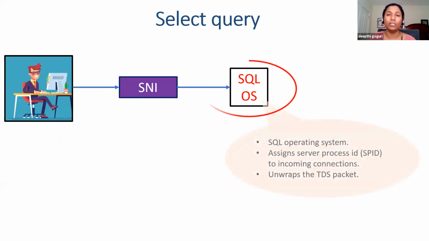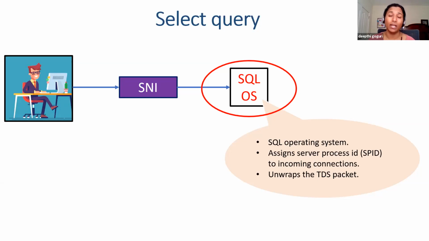So once the tabular data stream packet has reached the SQL operating system, SQL OS will first identify that incoming connection as a SQL connection, and it will assign a SPID to it. You know the SPID, right? SQL process ID. When you do sp_who2 or sp_who in your management studio, you see those SPIDs. SPID number 67, 94, those are the active connections which are made to the SQL Server.